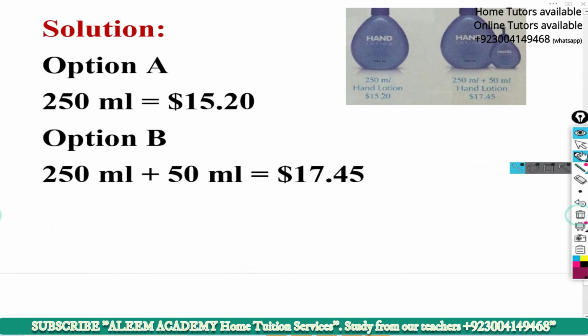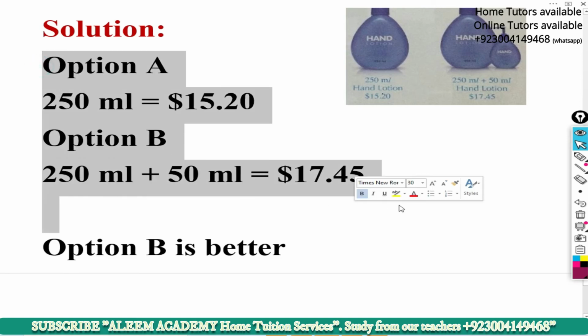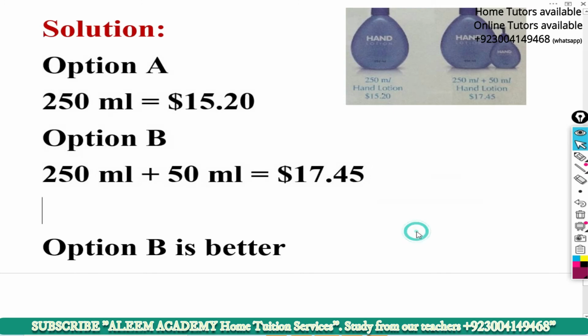Alright, so you have to write down your answer here: option B is better. This calculation or working is basically not included in your question, this calculation will be extra.